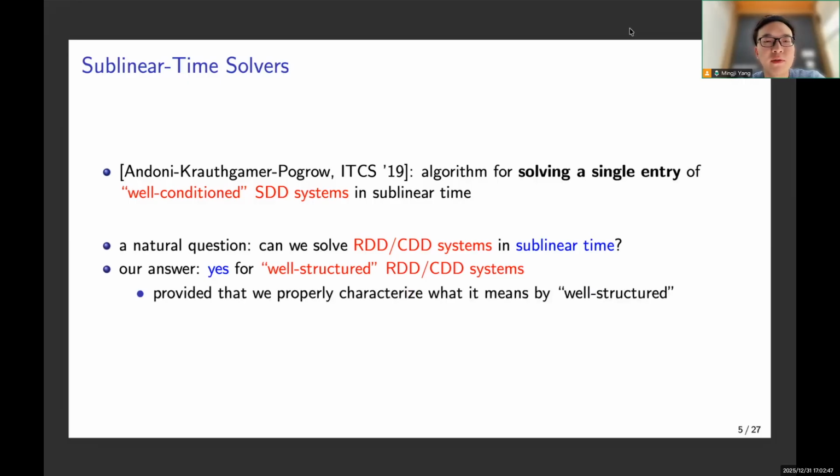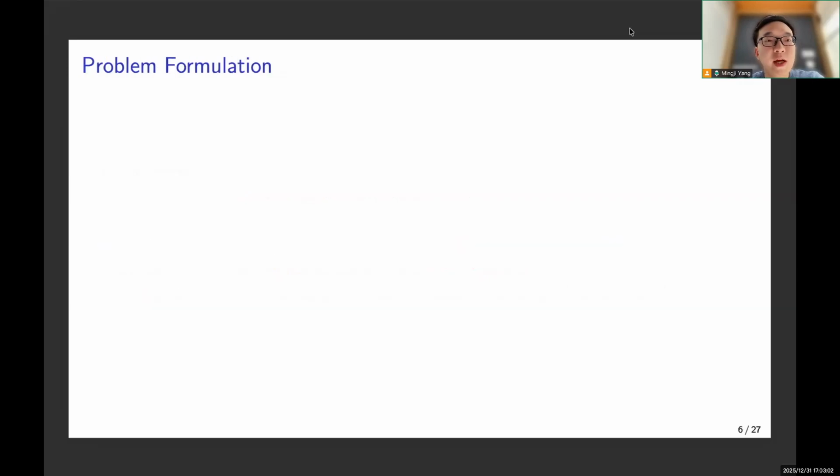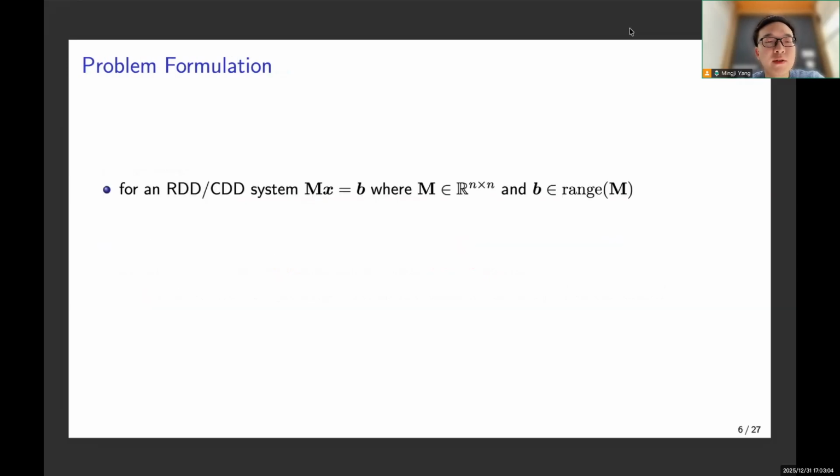Of course, we need to first properly characterize what we mean by well-structured for RDD and CDD systems here. So to formally define our problem, we are considering an underlying RDD or CDD system Mx equals b, where the matrix M is a square matrix and b is a vector that lies in the range of M. And our algorithms are given standard oracle access to M, b, and an extra target vector t.